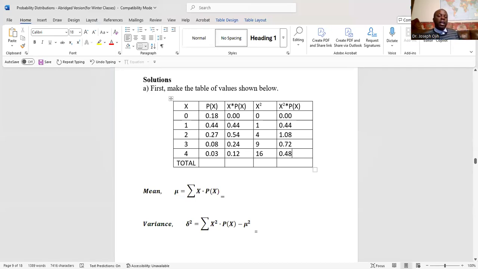So now we add this part, then we can be able to answer the equations.